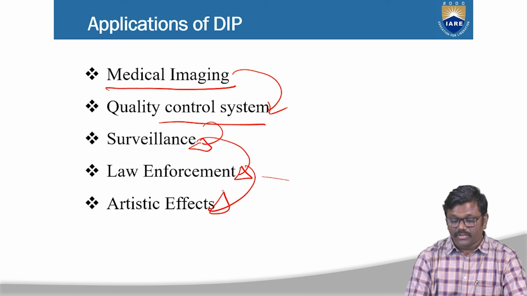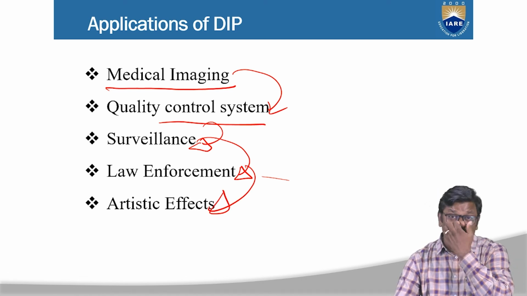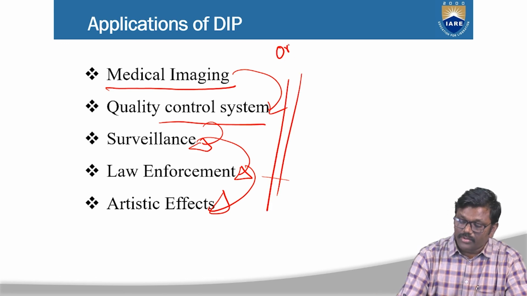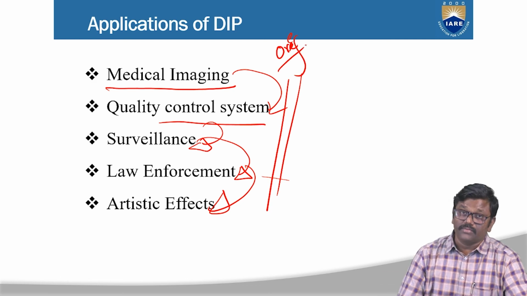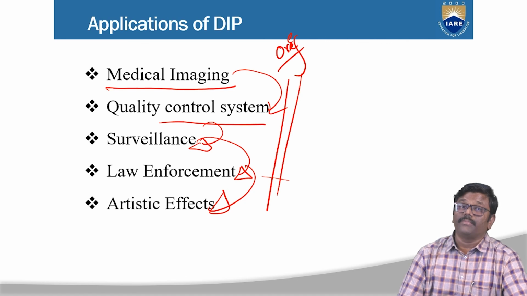It is also used for surveillance and position monitoring systems, for law enforcement processing systems, and for defining artistic effects. What I wanted to say based on this is that the origin of the signal which we define in terms of a 2D image signal helps different applications at a time.